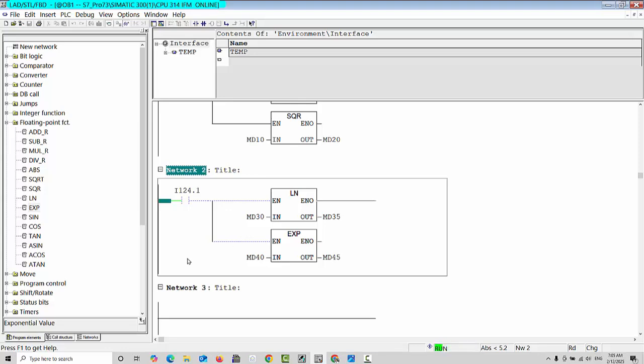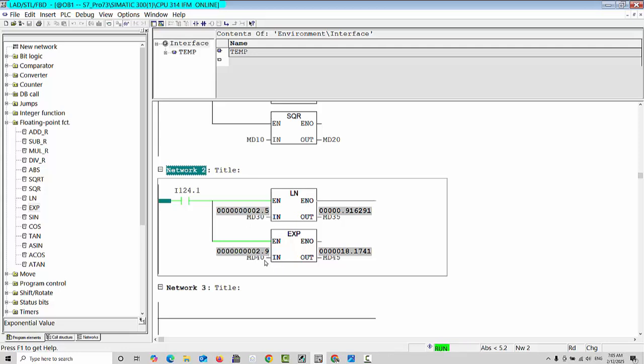So we first execute our input I124.1, and after that you can see the logarithm of 2.5 is 0.916291 or so.